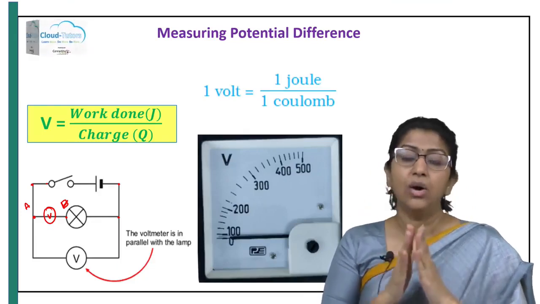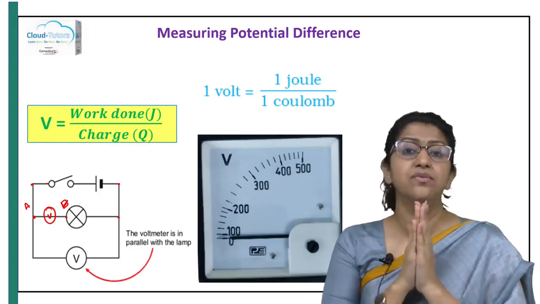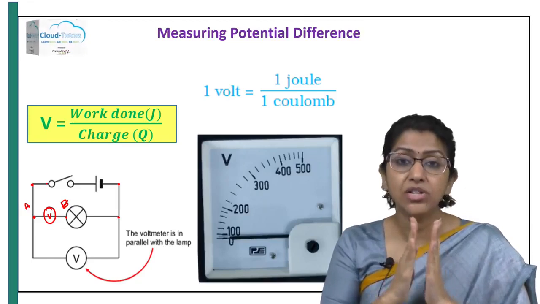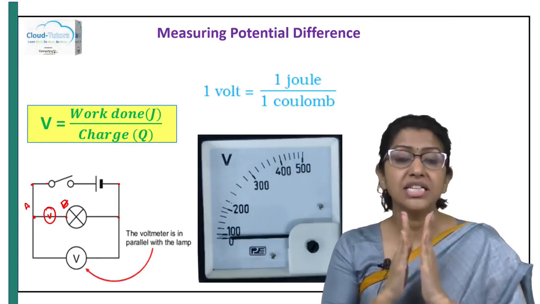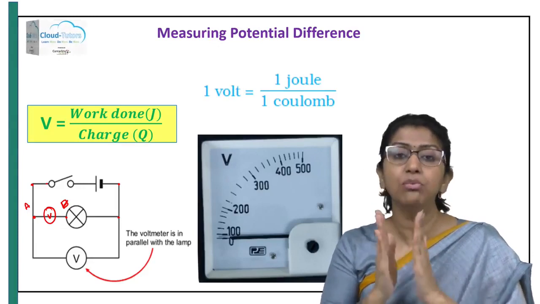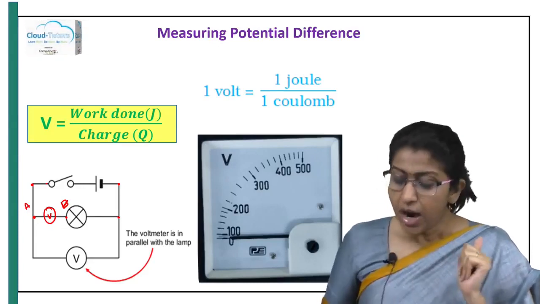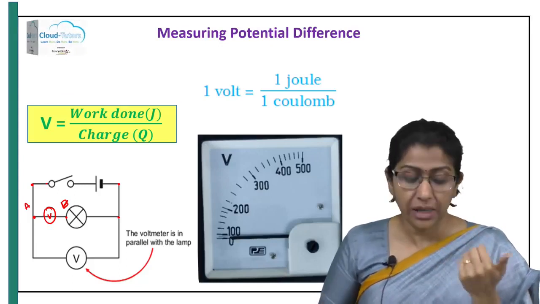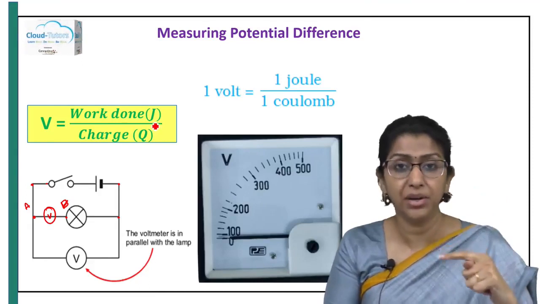Now coming to the measurement of this voltage, or the equation of potential difference. As we know, by definition, potential difference is the amount of work done to move a unit charge from one point to another. So how do we write it in the form of an equation? It is work done per unit charge.